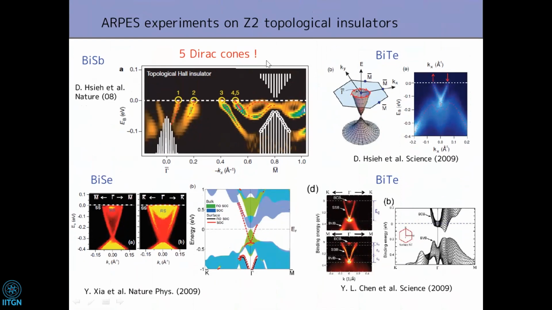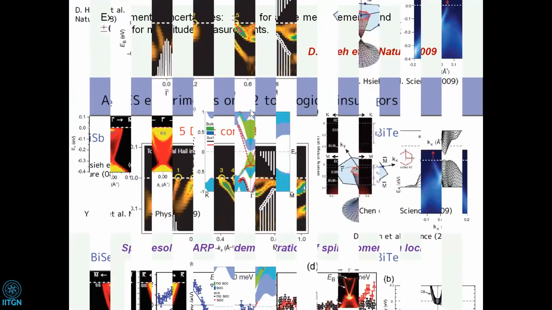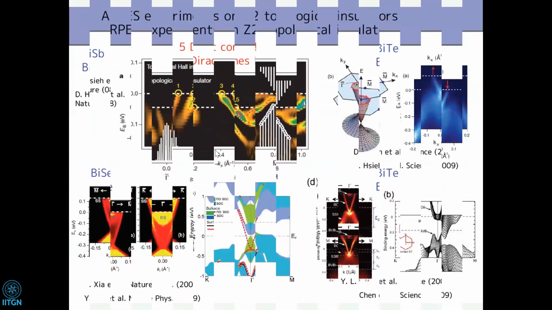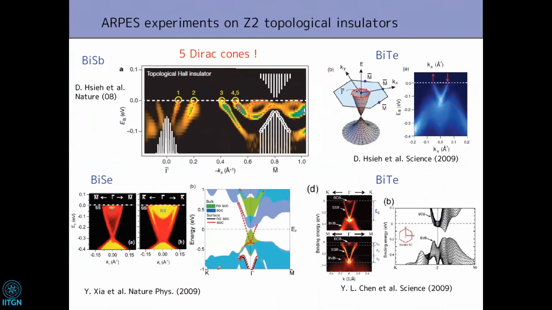These topological insulators were first suggested by band theory calculations, but later they were verified by experiments, and there are several experiments which came out at that point, and almost all of them are ARPES experiments, which means angle resolved photoemission spectroscopy, where you direct a photon of known momentum and energy to the surface. It kicks out an electron from the surface, and you look at that electron and find out its momentum and energy.